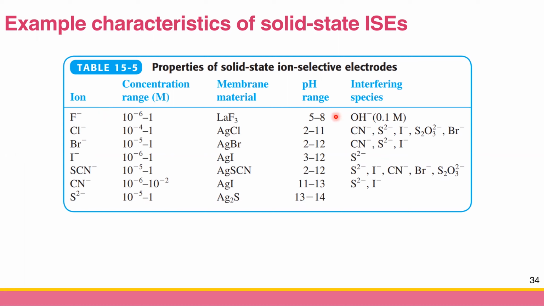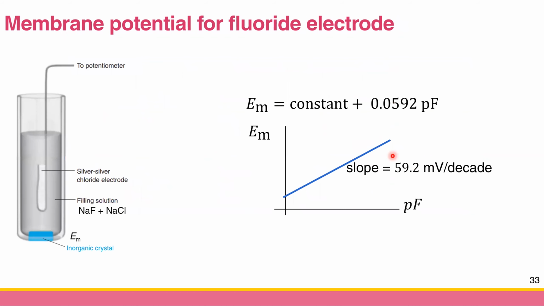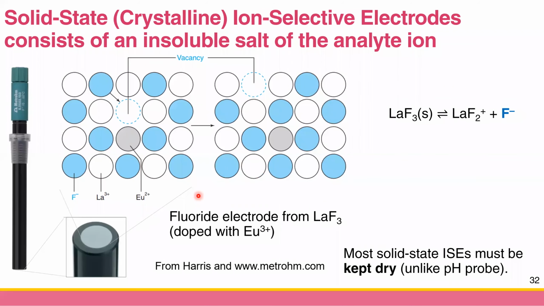What about higher than pH 8, in basic conditions? This is a little bit harder. If the pH is too high, then hydroxide may substitute for the fluoride in the structure, because it turns out that fluoride and hydroxide have similar properties. At least they have a single charge, and the size may be pretty much the same.